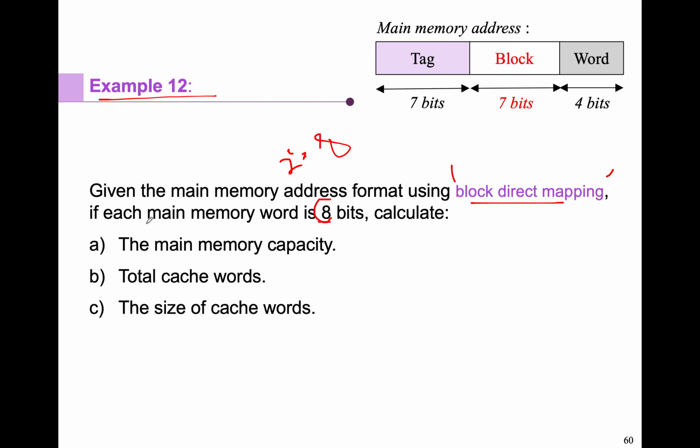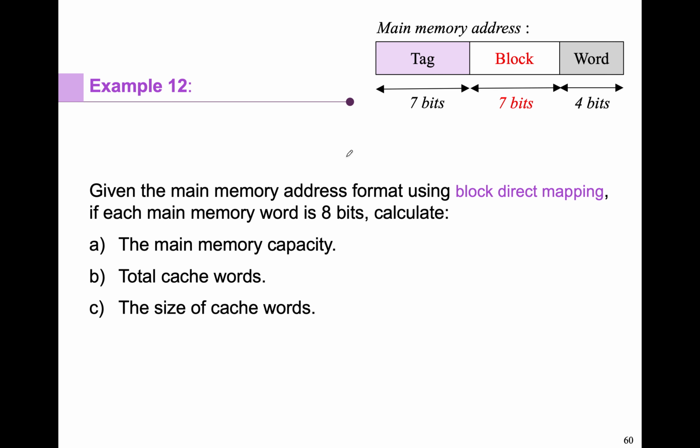This is also the contents of each main memory word. So all main memory words are 8 bits. Of course you're going to do the total later on.